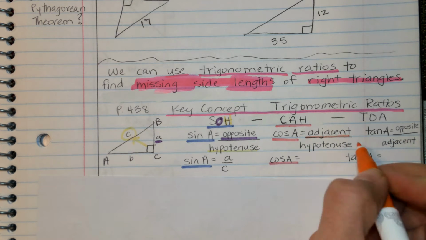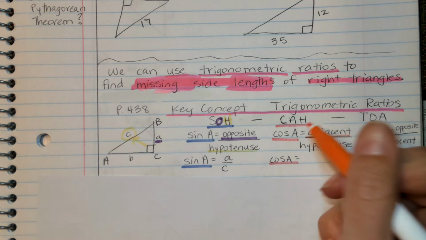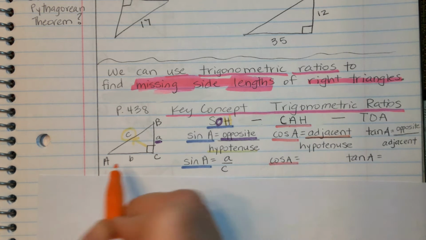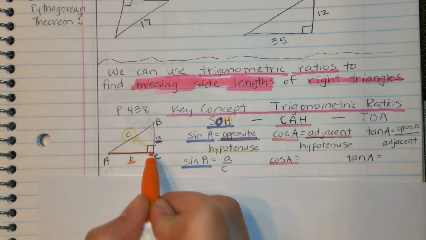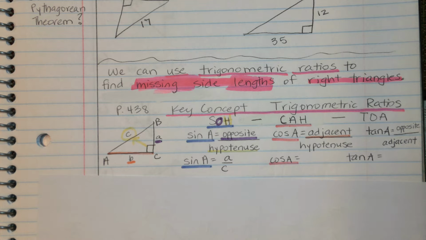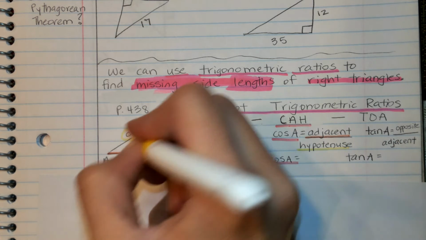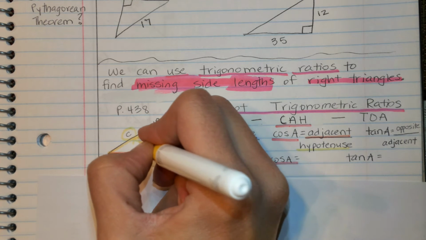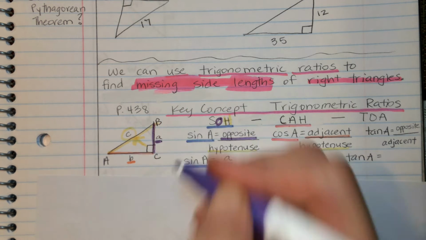Adjacent means the side that is right next to the angle A, capital A. That would be right here. Maybe if I trace that side, that might help. And then it's over hypotenuse again. Remember, hypotenuse is still always across from the right angle. It's that one. And remember, a was the opposite.